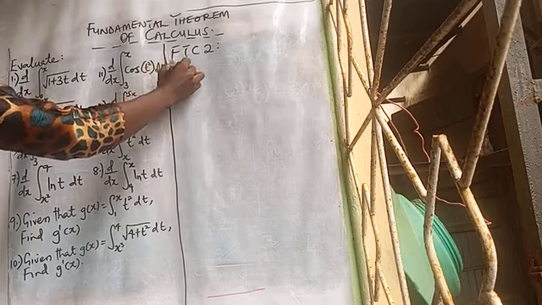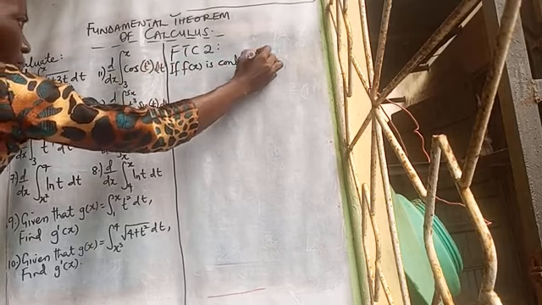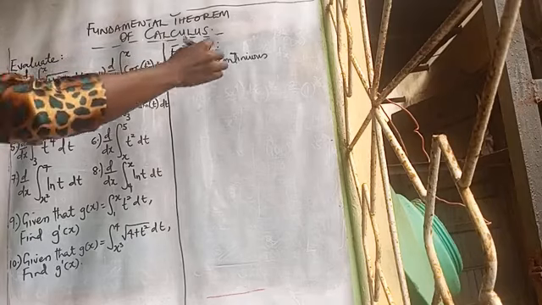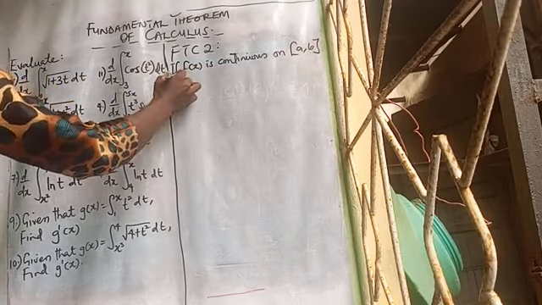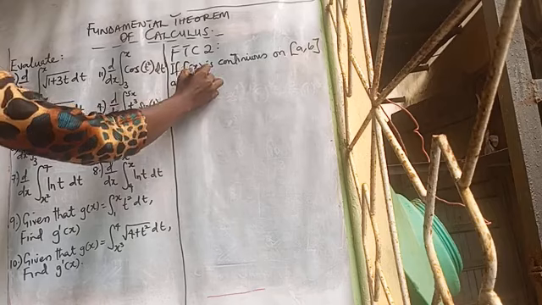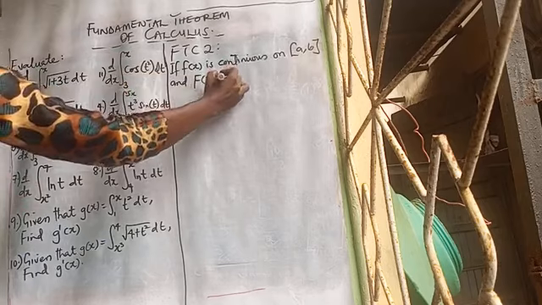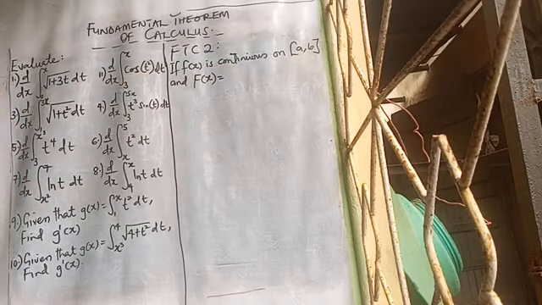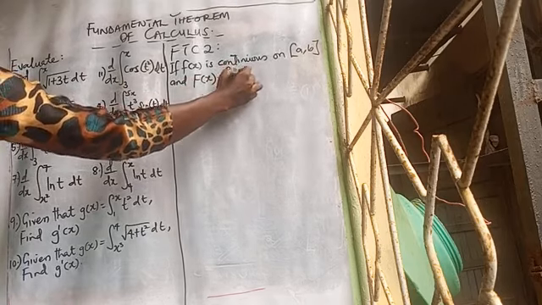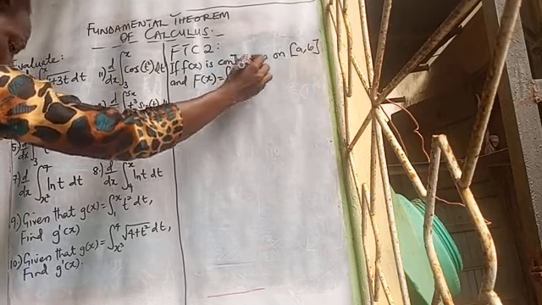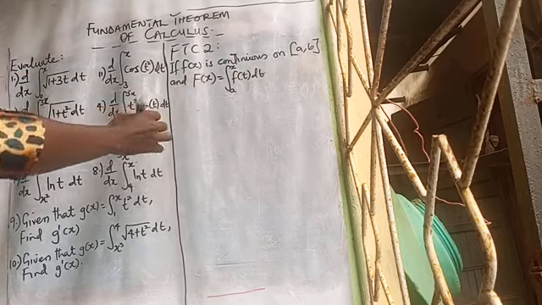It says if f of x is continuous on the closed interval [a, b], and a new function capital F of x, which is the antiderivative of this, is defined such that capital F of x is equal to the integral of f of t dt over the interval a to x.